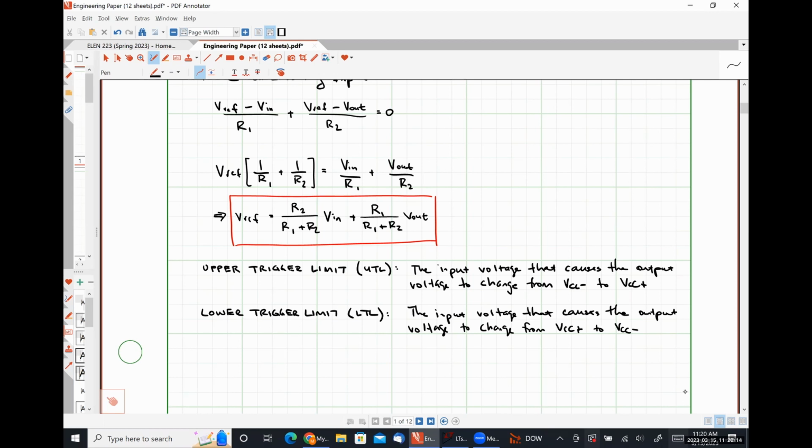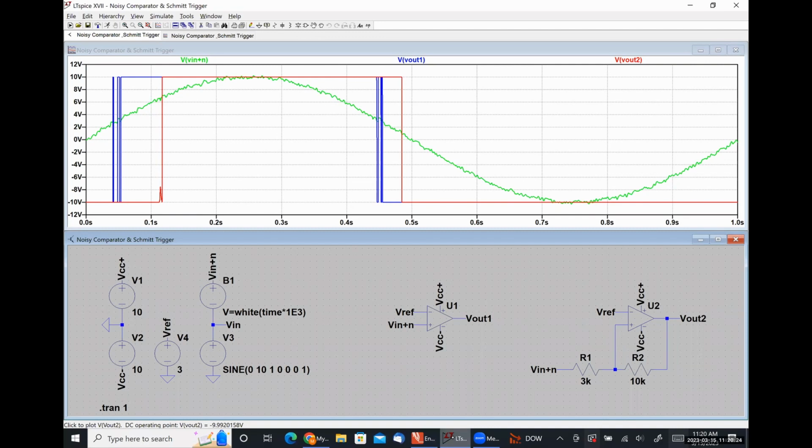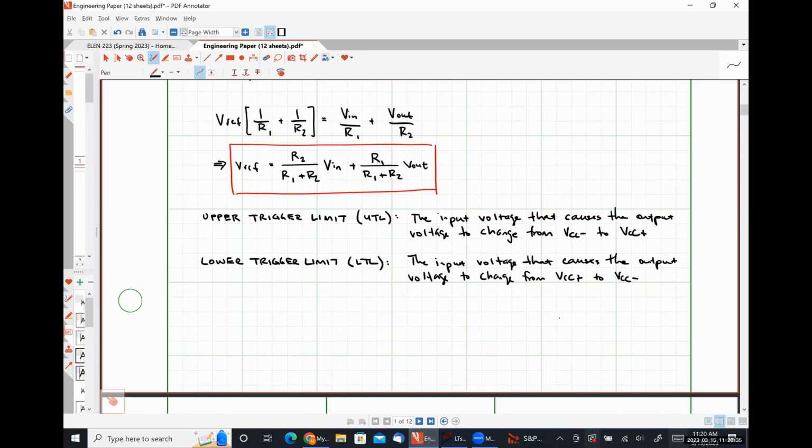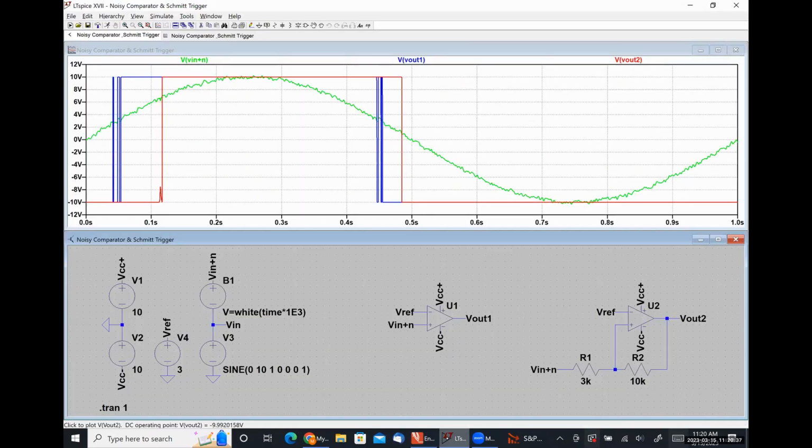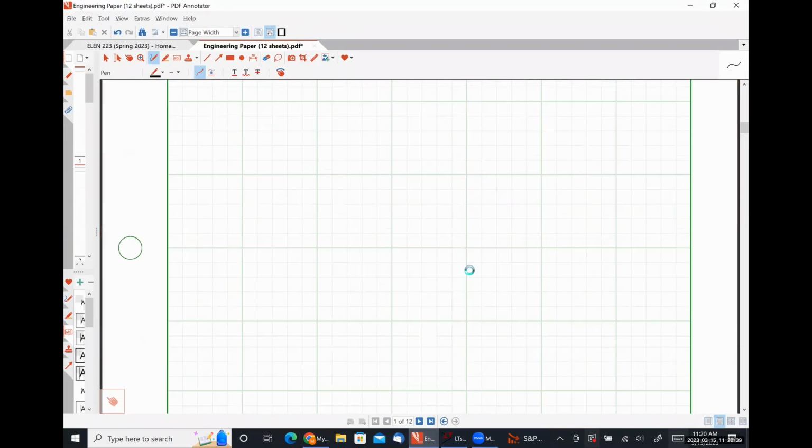So let's calculate the upper and lower trigger limits of this circuit. Okay, let's make a couple of notes here really quick. VREF is equal to 3 volts.